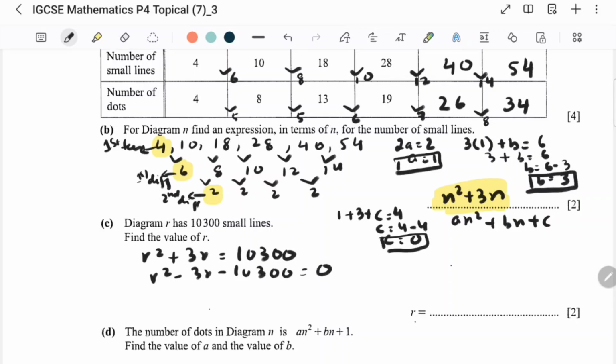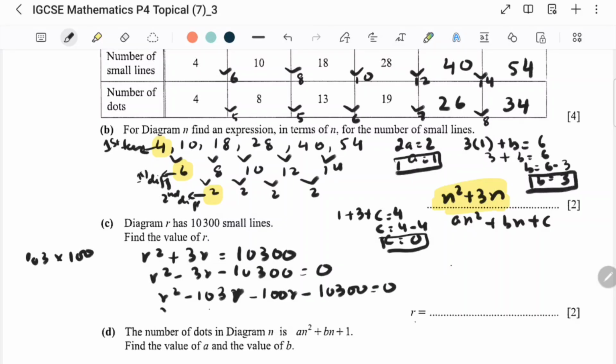I know that 103 times 100 is 10300, and they have a difference of 3. If you don't know, then you can take the quadratic formula, x equals minus b plus or minus square root of b square minus 4ac upon 2a. Okay, r square plus 3r minus 10300 is equal to 0.